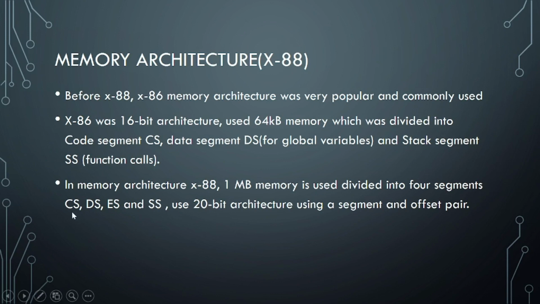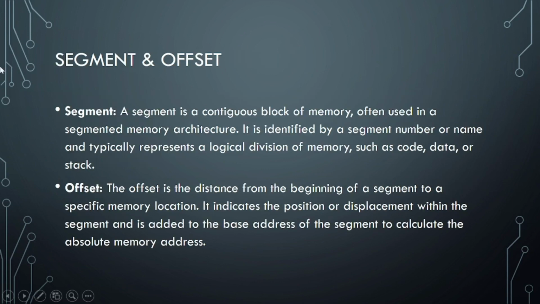The purpose of code segment, data segment, and stack segment is same as x86 architecture, but now additionally there is another segment, that is extra segment, which is used for additional purposes. The x88 memory architecture uses 20-bit architecture, and to pursue this, we use a segment and offset pair. I hope you understood. Let's see what is a segment and offset.